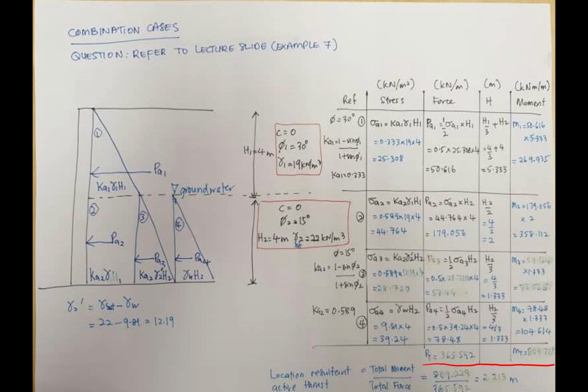Then you want to calculate the location of the resultant active thrust, that will be total moment divided by total force. And of course, what is important is you can redraw the stress distribution after you have all the values there. Let's see how to draw it.